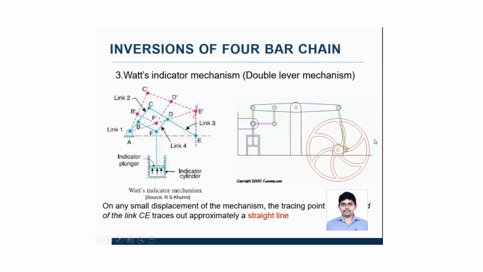When we take the Watt indicator mechanism, take a case study of this diagram. When the wheel starts rotating, the beam starts oscillating. Because of the oscillation, this beam rises on the left-hand side, and because of the rising movement the piston moves from BDC to TDC.